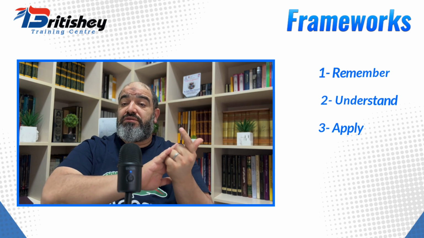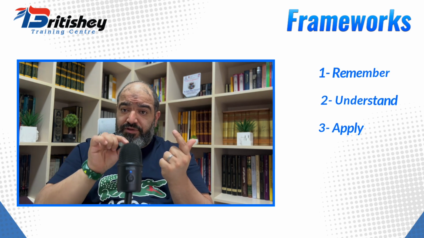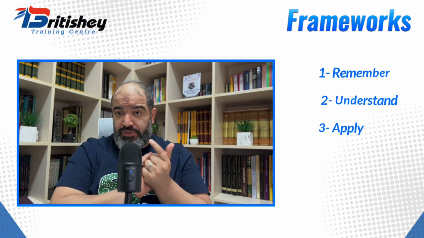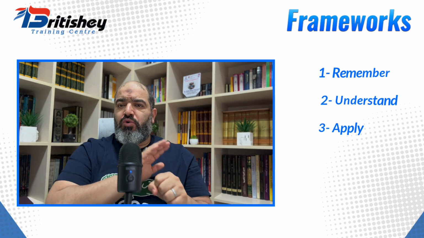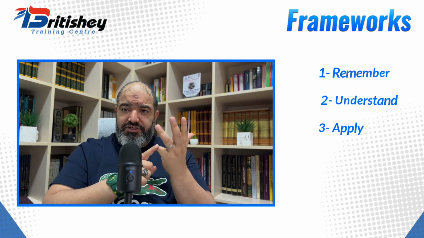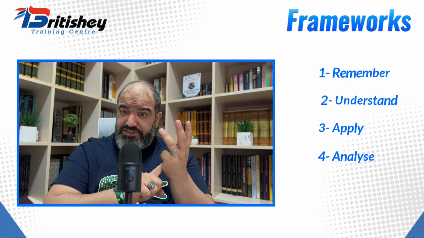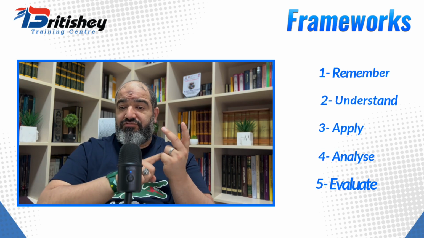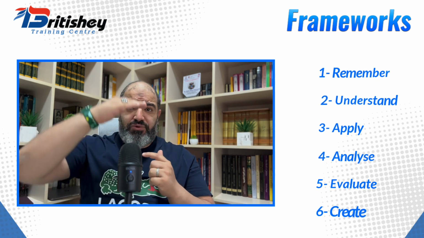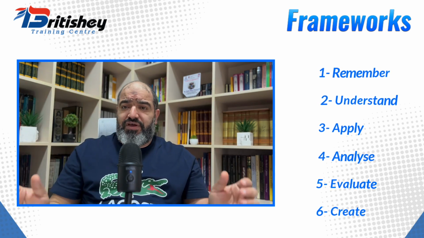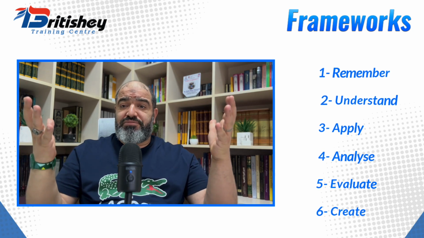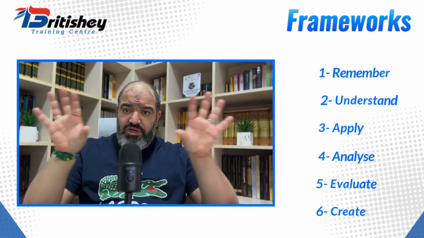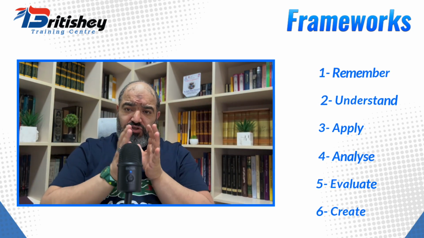The lower order thinking levels. And then we'll go to the higher order thinking levels, starting with analyze, move into evaluate, and finally create. And of course, you have your leading at the very beginning, and Bob's your uncle. You have a whole grammar lesson based on Bloom's taxonomy.